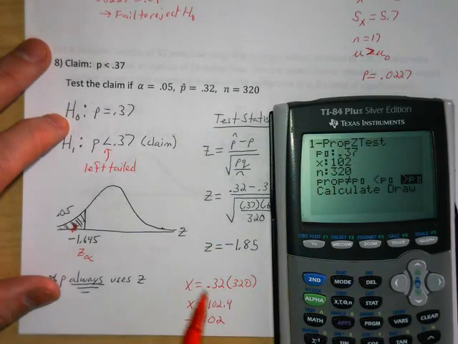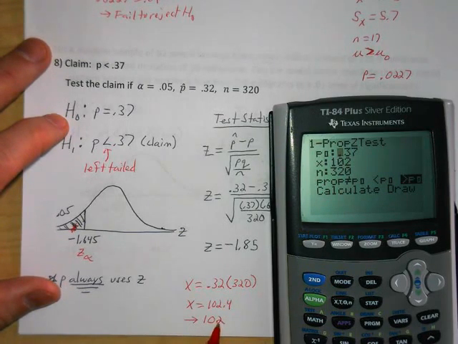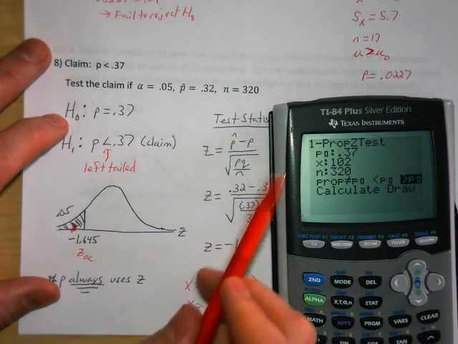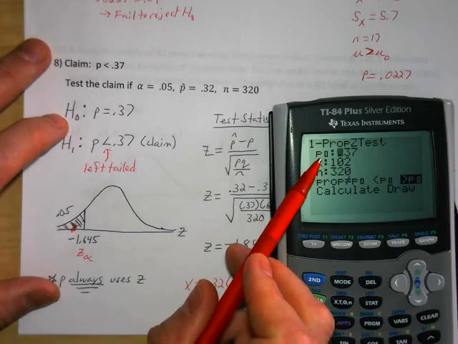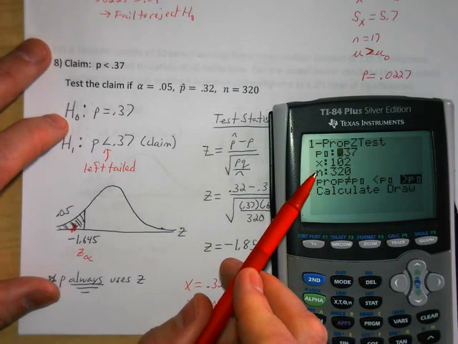So what we have to do is our x value will be 32% of our sample size. So 0.32, which is p hat, times n, gives us 102.4. Now I'm going to round that down to 102. So the number of successes was 102. So x is 102, n is our sample size 320.